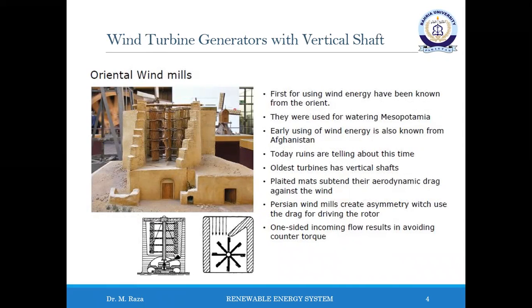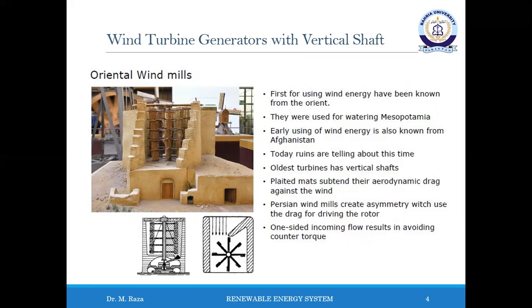There is written evidence of quite early utilization of wind power in Afghanistan as well. It was documented from 700 AD that the profession of a millwright was one of high social esteem there. Even today, ruins of these windmills that were running for centuries can be found in Iran and Afghanistan.